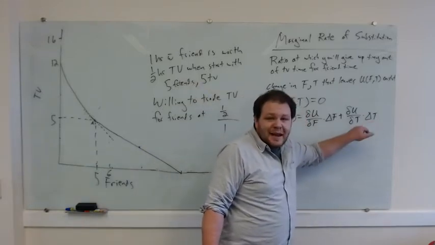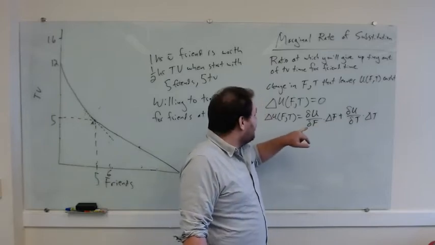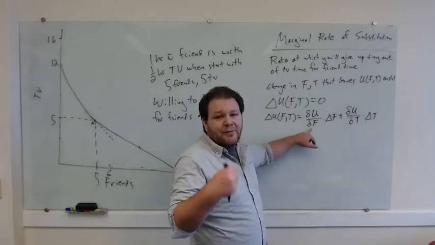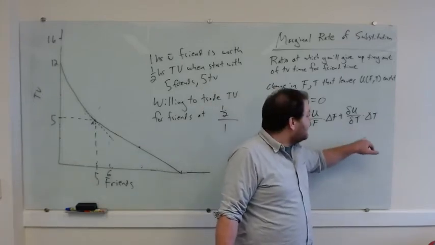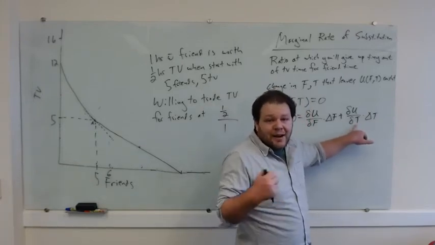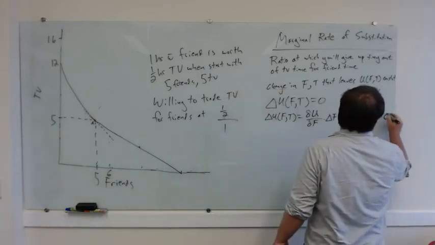I lose some TV time, that makes me sad. How happy does gaining the friend time make me? It depends on how much utility I get for every extra unit of friend time. How sad does losing TV time make me? It depends on how much utility I get for every unit of TV time. And this has to equal 0.